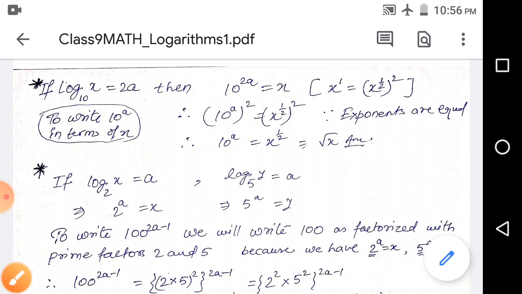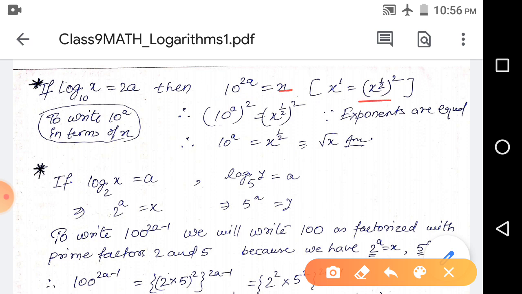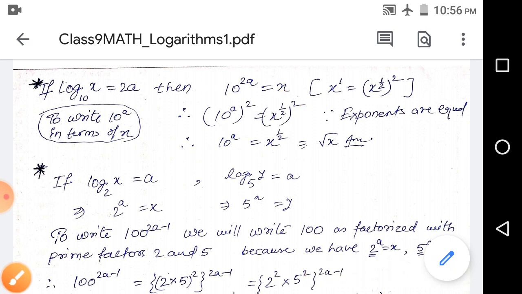So here we can write this x to the power 1, that means this x, as (x to the power 1 by 2) whole square. So we got here (10 to the power a) square whole square is equal to (x to the power 1 by 2) whole square. So here we have written this to make the exponents same. 2 is the exponent, 2 is the exponent, so the bases are same.